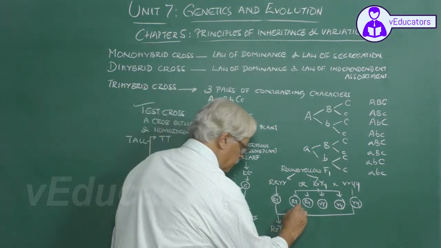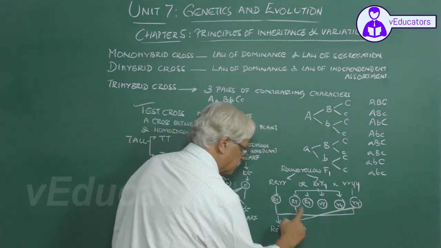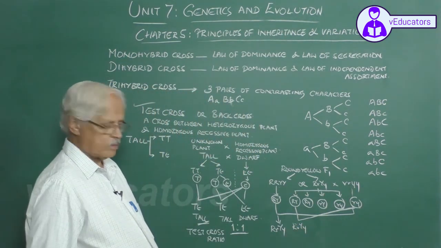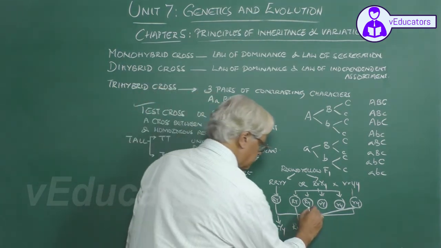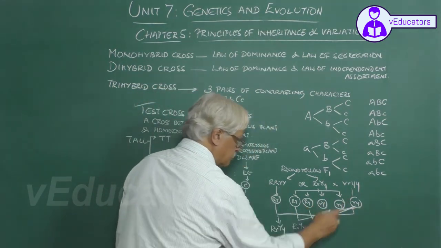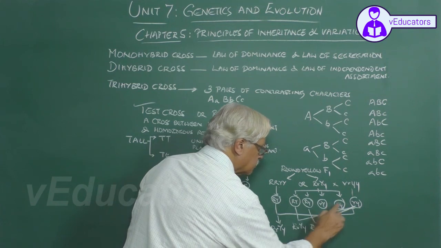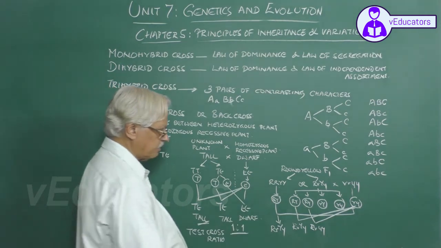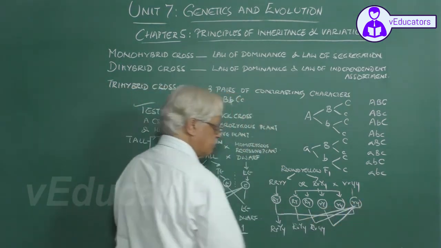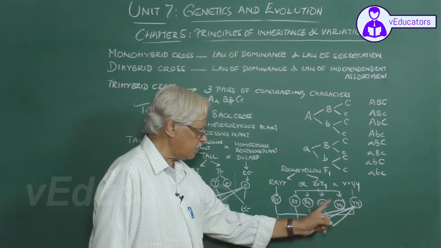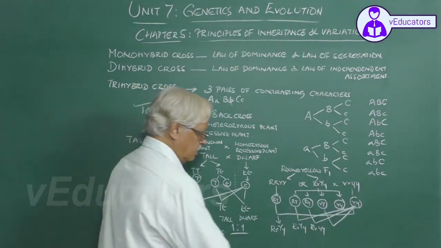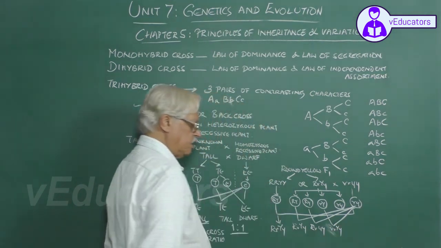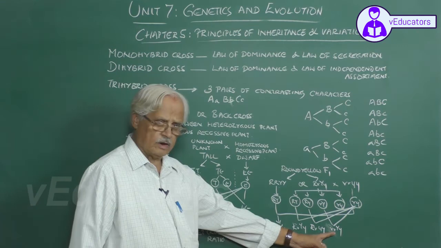But here, if these two fuse, capital R small r, capital Y small y, this will be a round yellow plant. If these two fuse, capital R small r, small y small y, it will be a round green plant. If these two fuse, small r small r, capital Y small y, it will be a wrinkled yellow plant.